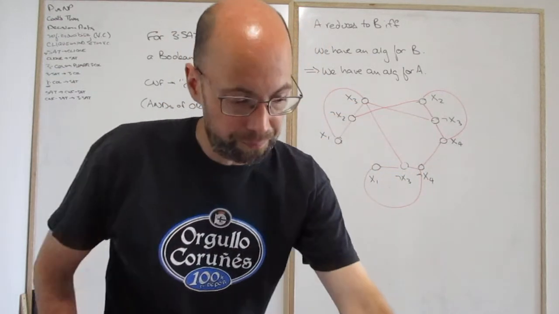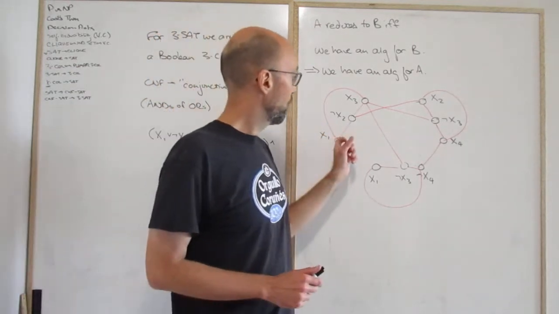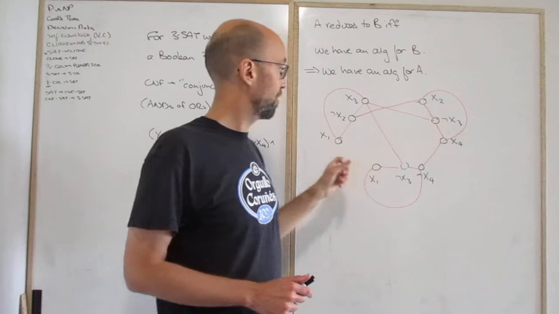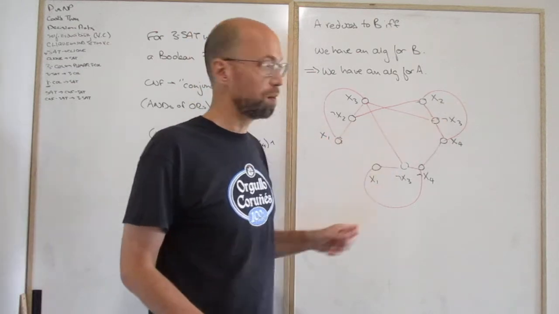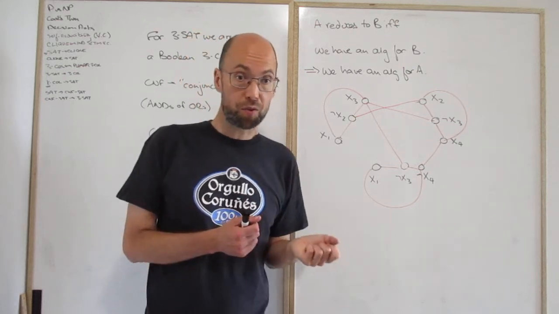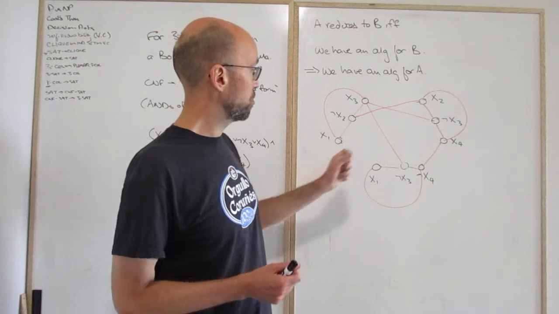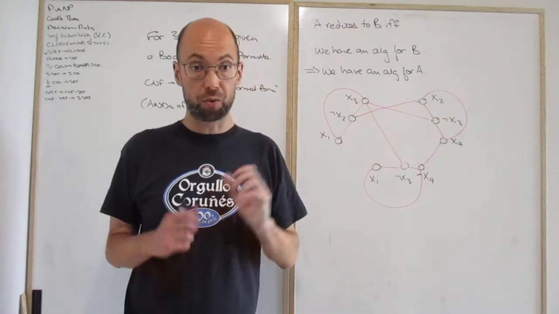Now, if we include this vertex and this vertex, there's no edge between them, so that means they are compatible. One could be true, and the other could be true at the same time. Like x1 could be true, and not x3 could be true at the same time.